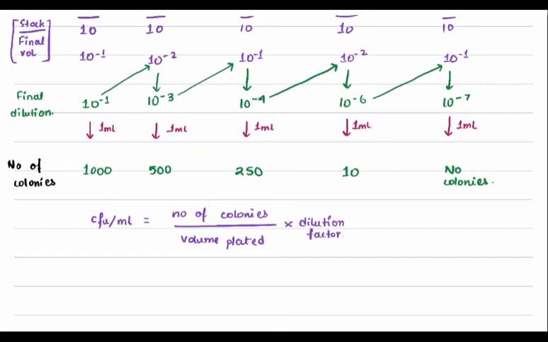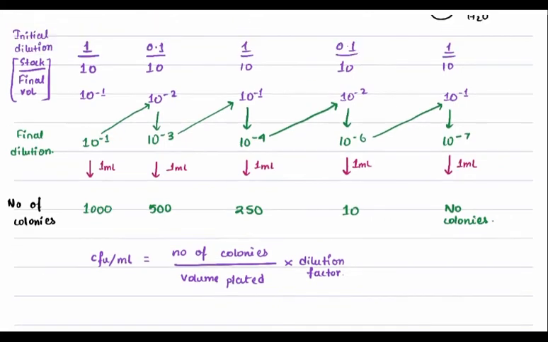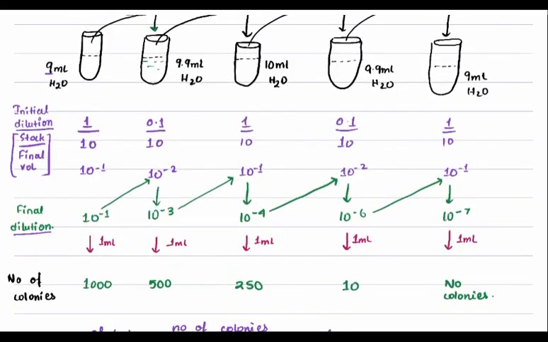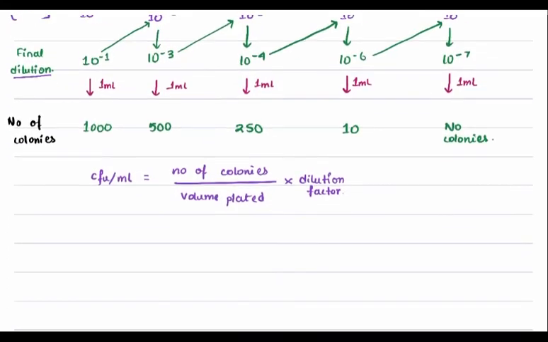Mind it, this is the dilution factor, but till now we were talking only about the final dilution and the initial dilution. We did not talk about the dilution factor yet. So let's do it from the beginning.